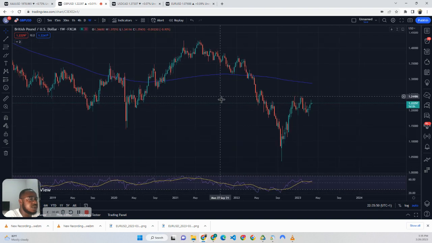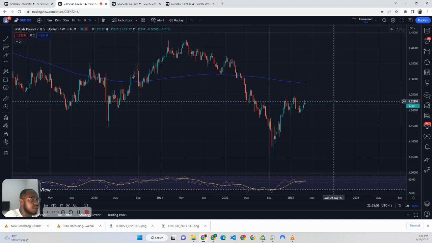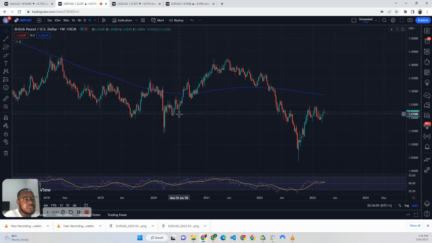Looking at the weekly time frame, you have to first identify the trend of the market, or look at the key zones, the key resistance level where the market is, or the key support level. That is just my major aim of looking at the one week time frame.